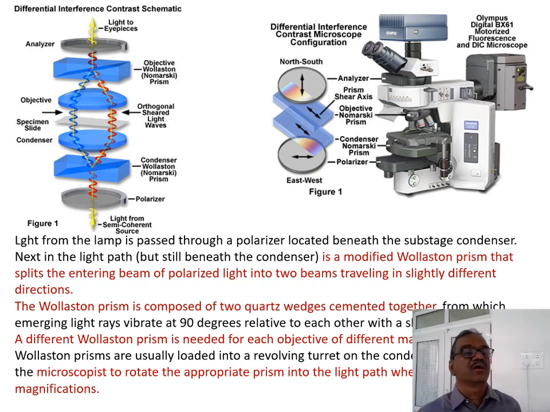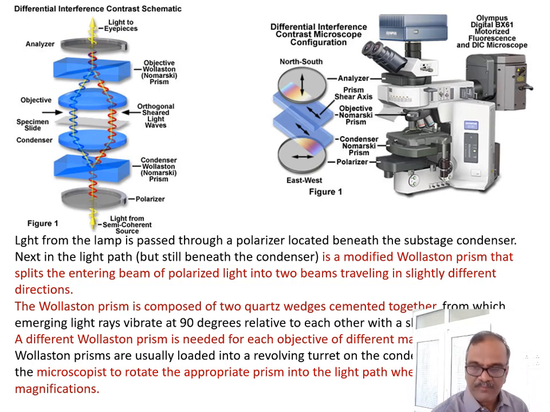It is called the differential interference contrast microscope. This is not much used in cell biology, even though it is there for various other types. Here the fluorescence microscope, everything is used, and here they have two different spectrums. Modified Wollaston prism.